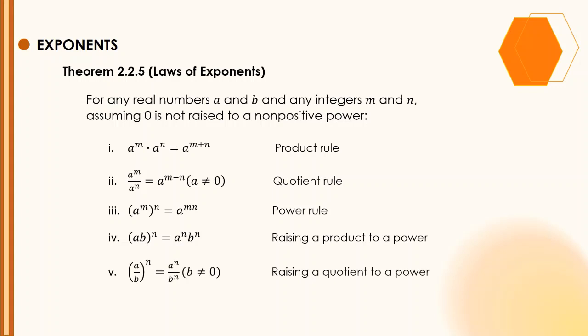The fifth one is a over b quantity to the power of n is equal to a to the power of n over b to the power of n, such that b is not equal to 0. This is what we called raising a quotient to a power. So, i-distribute ang exponent sa bawat isa.